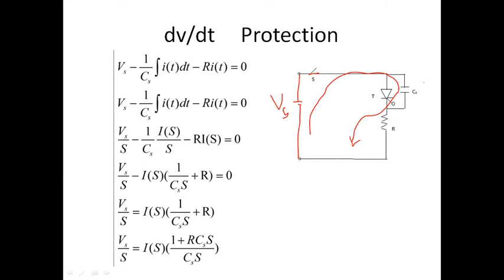That is, the capacitor voltage is this, the polarity is leaving here and plus here, correct? Kirchhoff's voltage law, plus, minus, so Vs minus 1 by Cs integral of I dt, that is the voltage across the capacitor, and R into I of t. So this is an equation in the time domain.